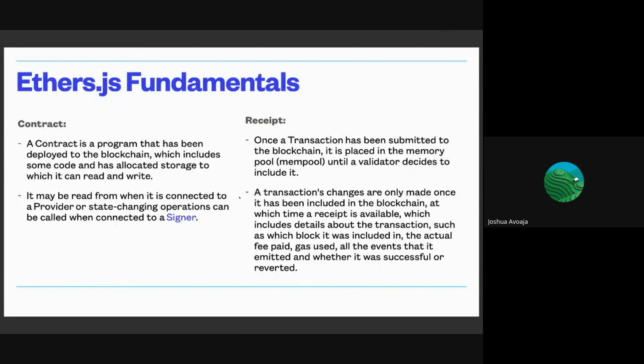So when we are instantiating a contract in JS, which I will show during the hands-on session, we have the option to either provide a provider or a signer. When you instantiate a contract with a provider, the contract can only perform read operations on the blockchain. But when you instantiate a contract with a signer, the contract can either read or write to the blockchain because it already has an instance of an authorized signer that can sign transactions.